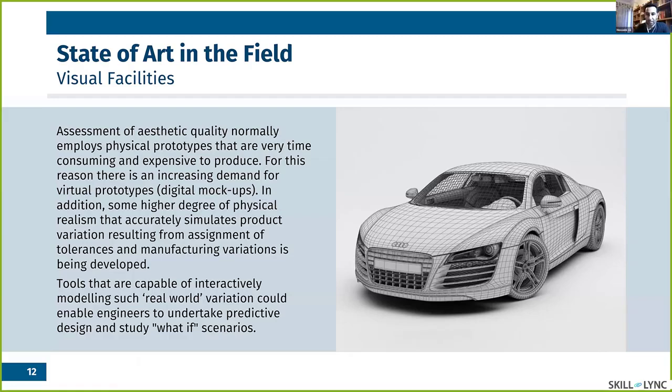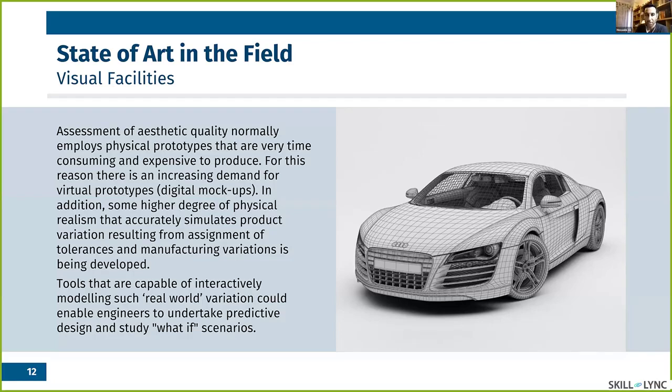The assessment of the aesthetic quality normally employs physical prototypes. I mean that in less reputable companies, or in the past, companies were making prototypes so that they could observe what is going to happen. But these physical prototypes are very time consuming and expensive to produce. For this reason, there is an increasing demand for virtual prototypes or digital mockups.